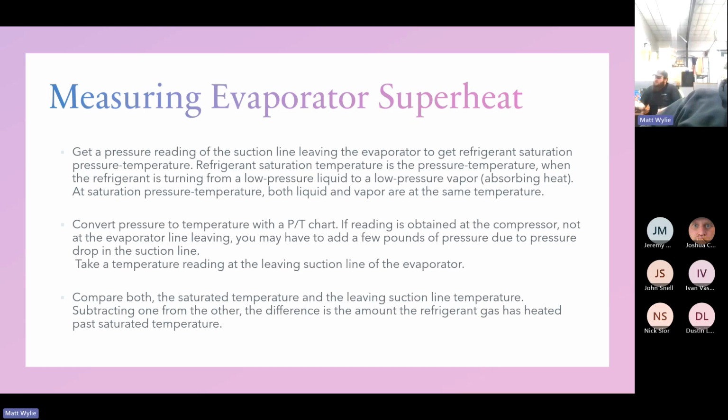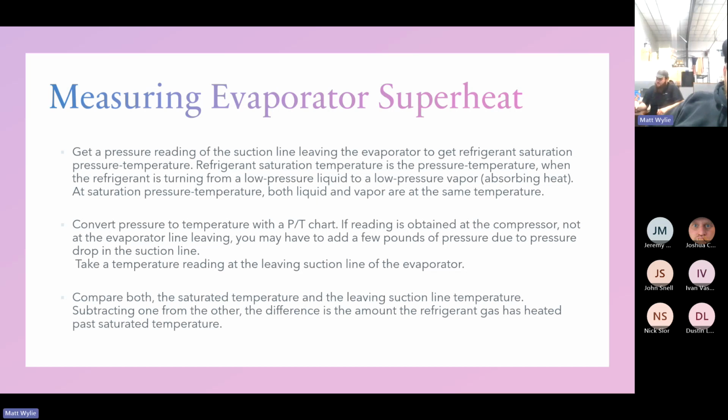It's about measuring evaporator superheat. Get the pressure reading off of the suction line leaving the evaporator to get the refrigerant saturation pressure temperature. Refrigerant saturation pressure temperature is the pressure temperature when the refrigerant is turning from a low pressure liquid to a low pressure vapor, absorbing heat.